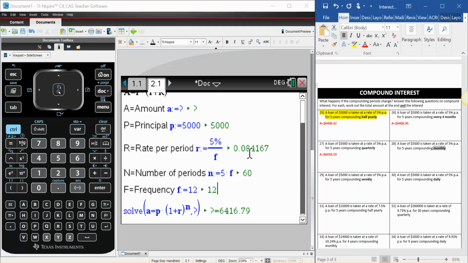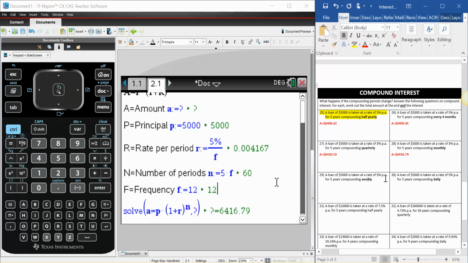So we put 12. This will all change. So A is $6,416.79. Again, it is going up from our initial 6,400. So you can see that however more times it is compounded per year, the amount of money will go up.